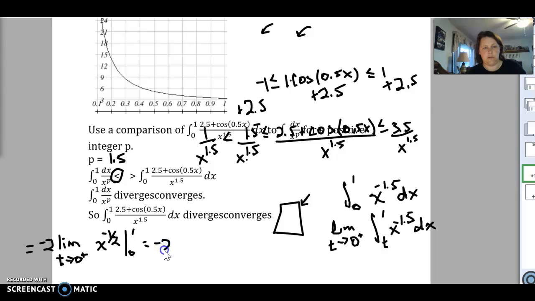So that's going to be equal to negative 2 times 1 over the square root of 1 minus 1 over the square root of, oh, that's supposed to be a t. And then we need to take that limit as t approaches 0 from the right hand side.